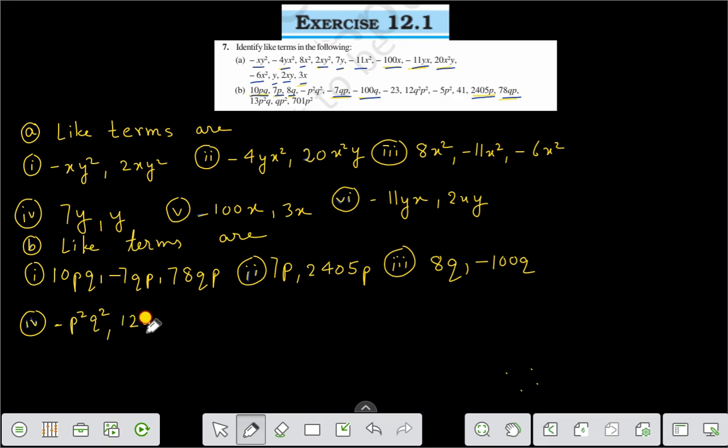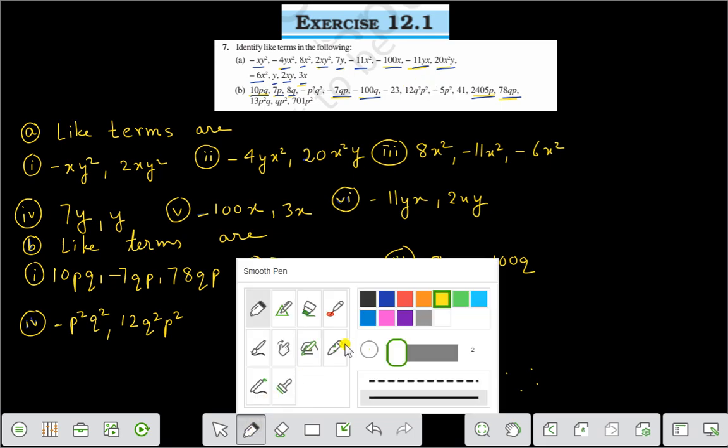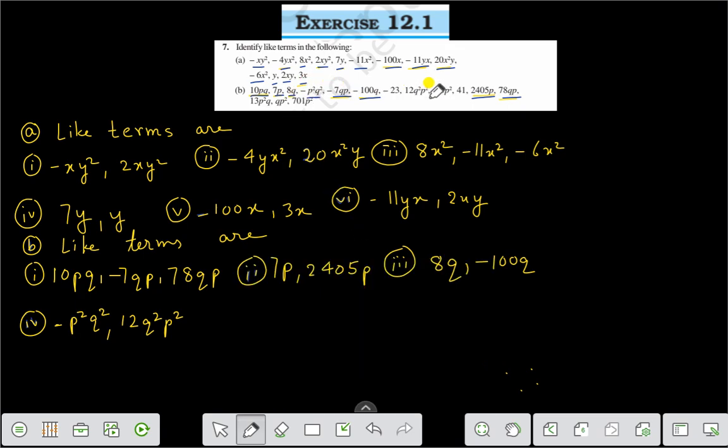Only two terms. Therefore, we find that these two terms, minus p square q square and 12 q square p square, are like terms, right?